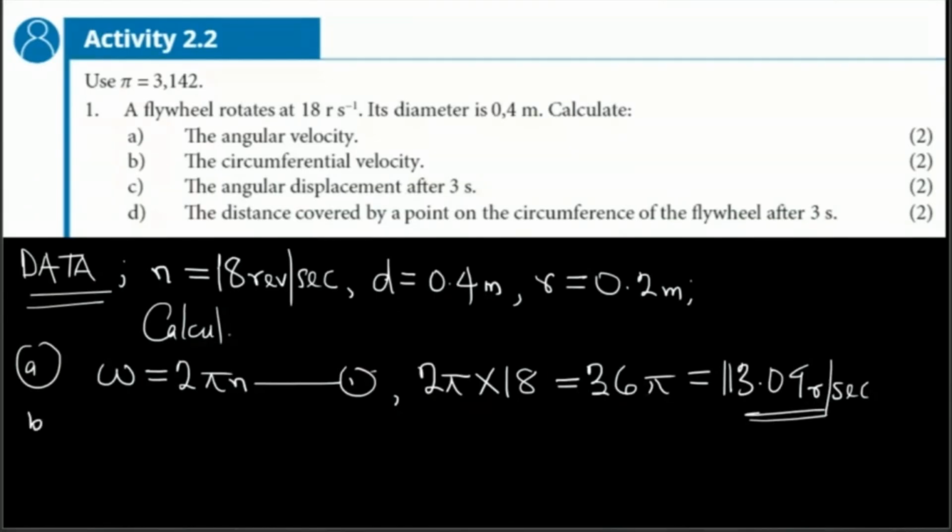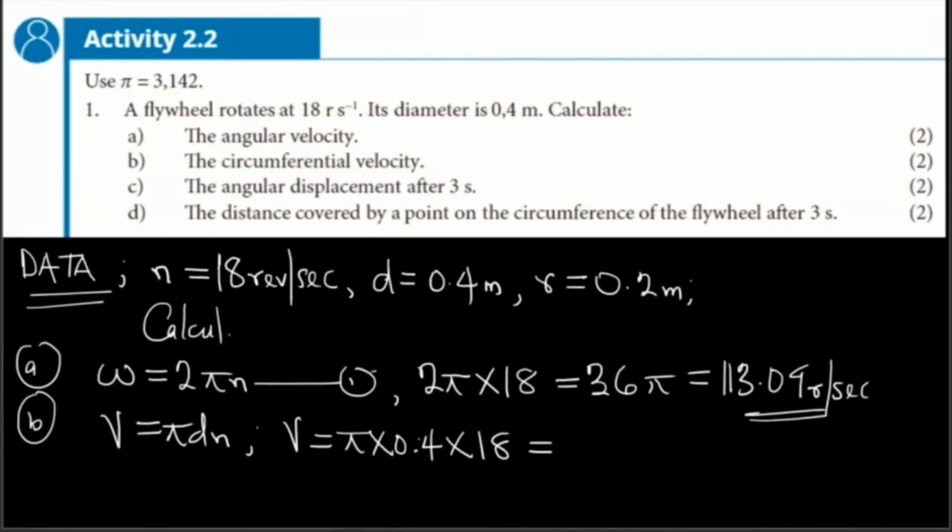So with the second question, the circumferential velocity, we are still going to be using the same formula, which is pi dn. The circumferential velocity is going to be pi, and the diameter is 0.4 multiplied by 18.